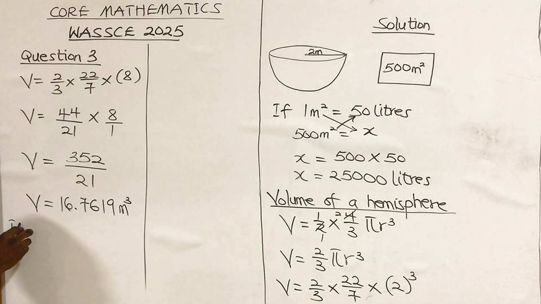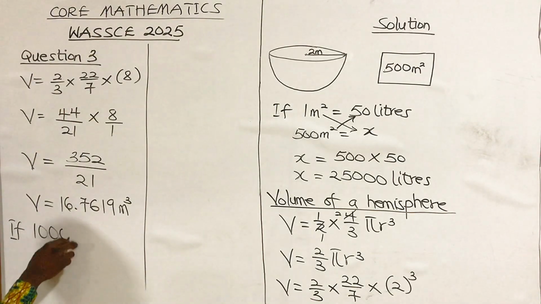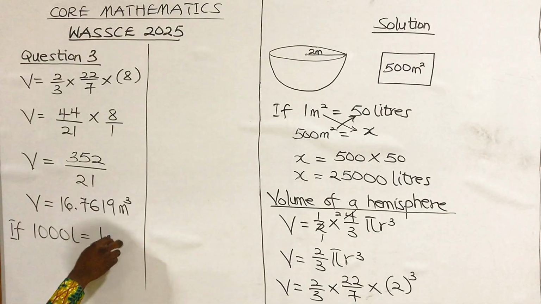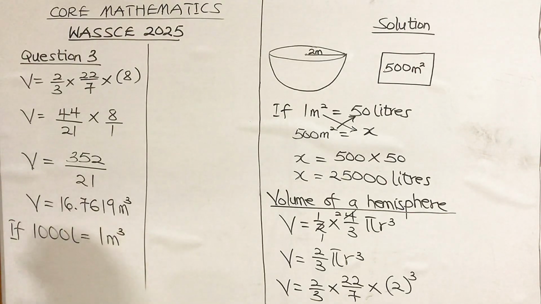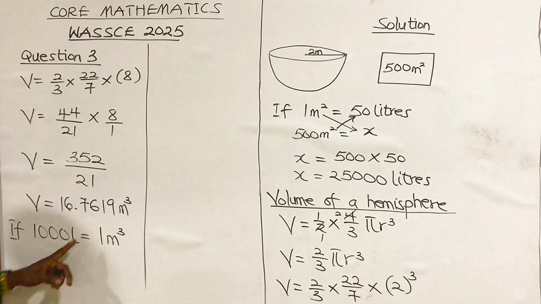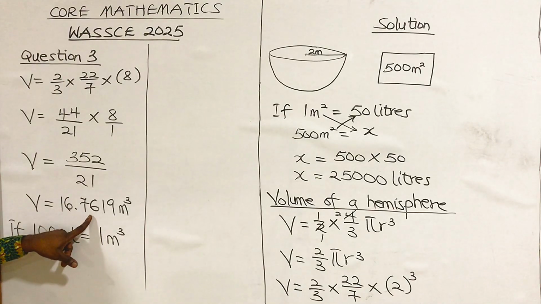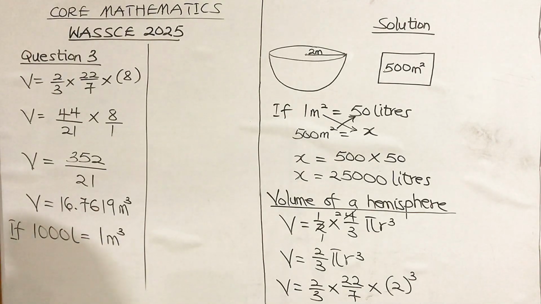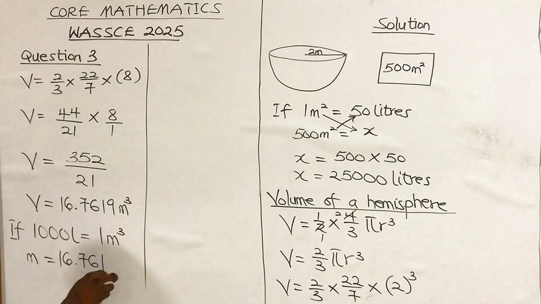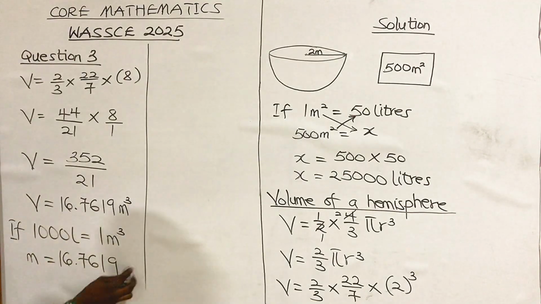If 1,000 liters is equal to 1 meter cube, then how many liters is equal to 16.7619 meter cube?